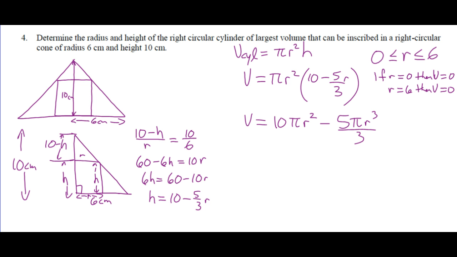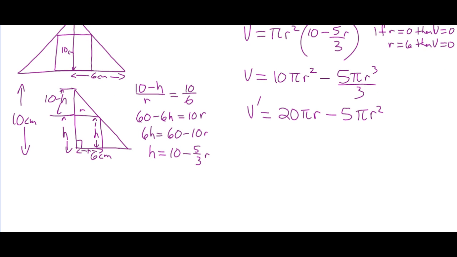Now pi is a constant, so the derivative is easy. How about the second derivative? Easier. The first derivative is easy, the second derivative is easier.